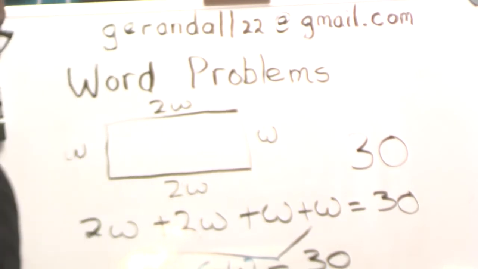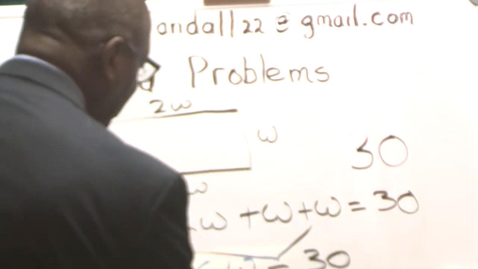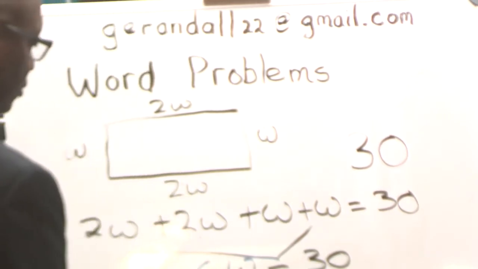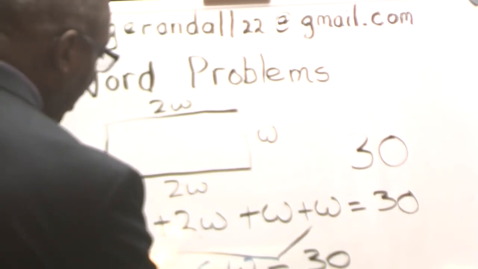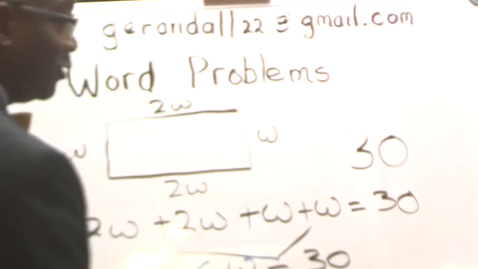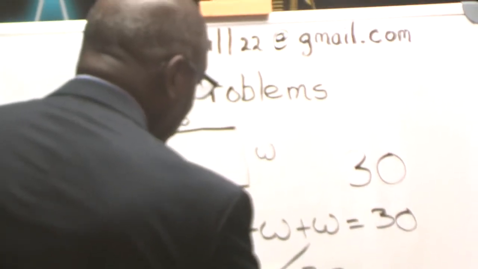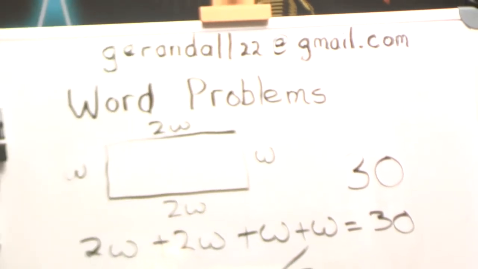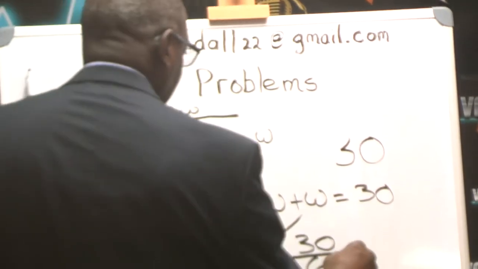Multiplication is here. To undo that multiplication, we've got to divide by 6. And when you have 6W divided by 6, whatever you do to one side, you must do to the other. And you're left with over here, W equals 5.